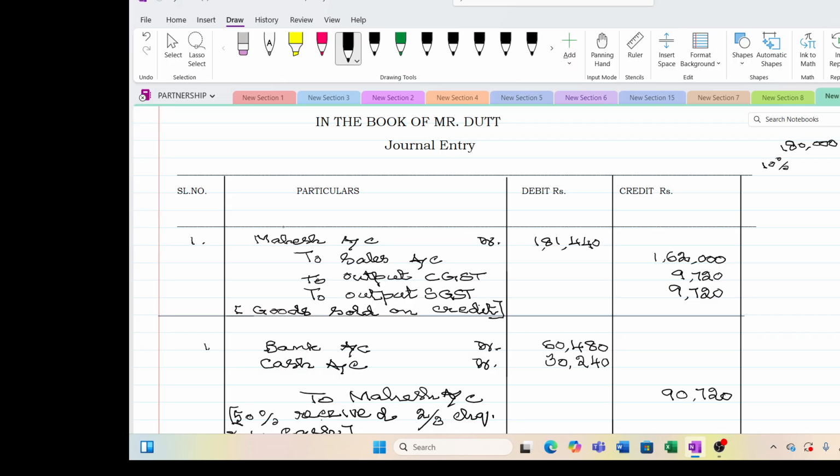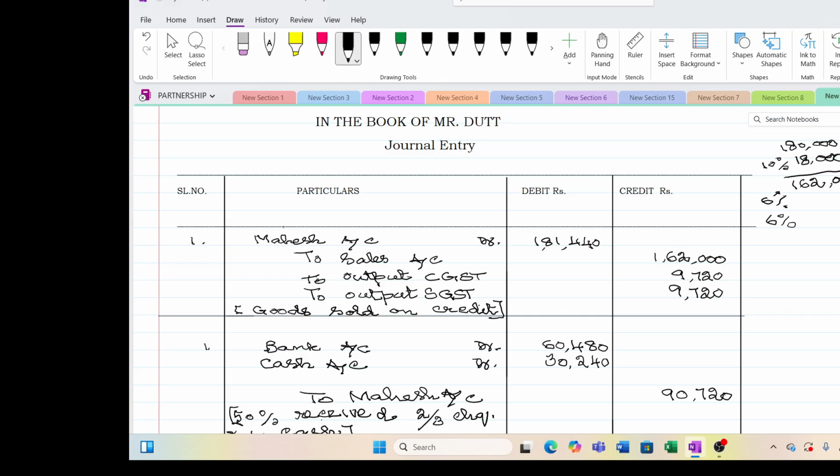So first you reduce the trade discount. You can make working notes for this. So 18,000. What is your value of the goods is 1,62,000. Now on this, they are charging 6% central GST and 6% state GST.